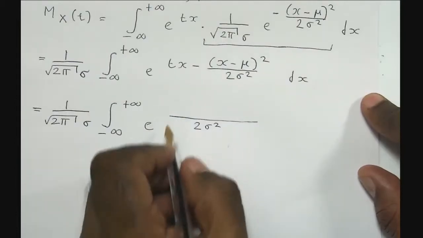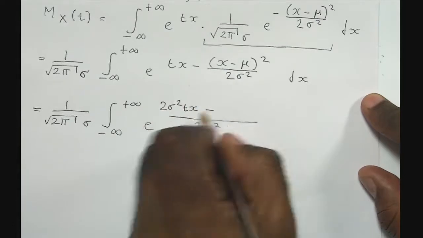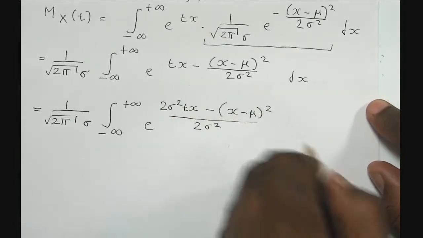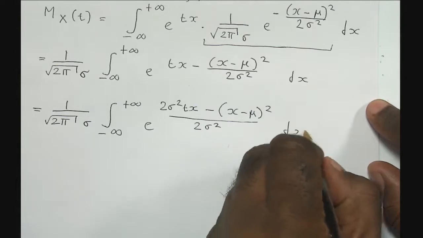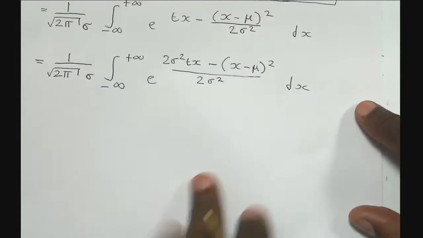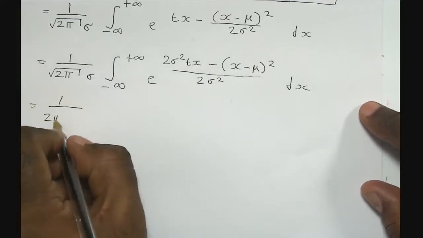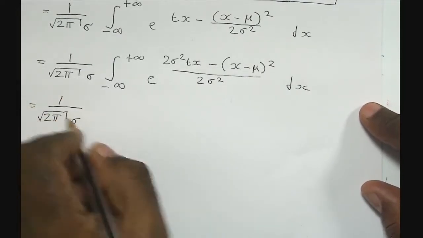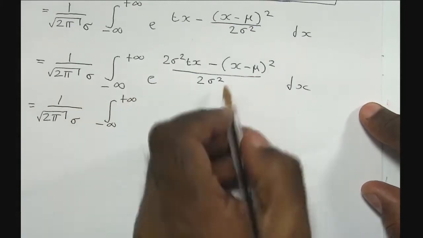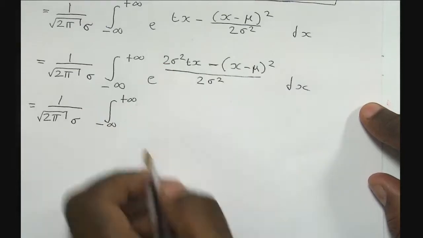Then over here you get 2 sigma squared tx, and here you have x minus mu squared dx. The next thing I'm going to do is take this negative sign outside.